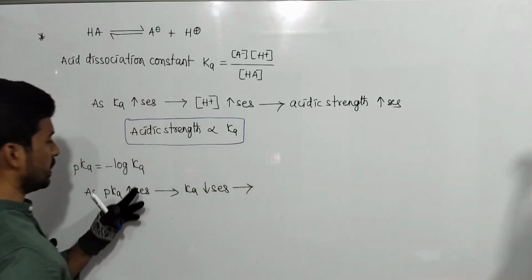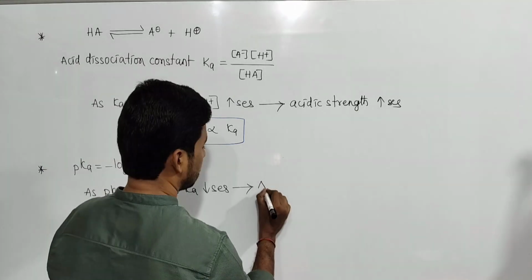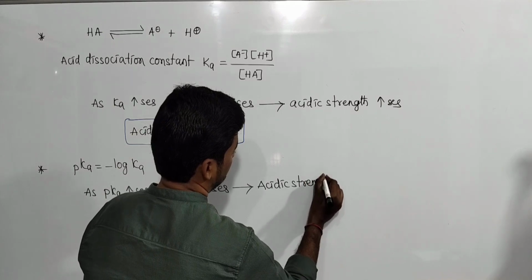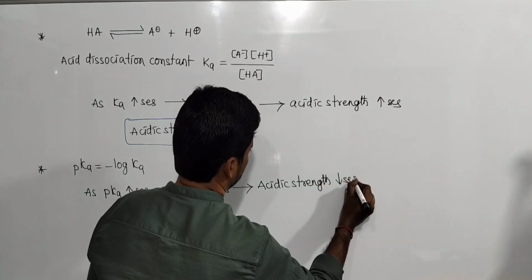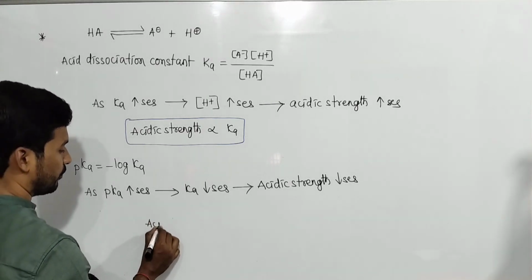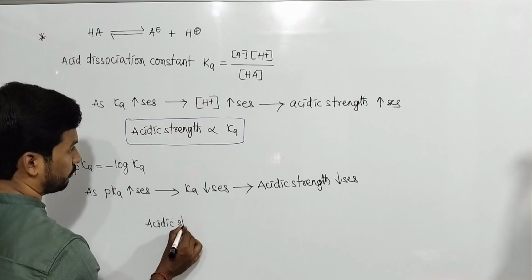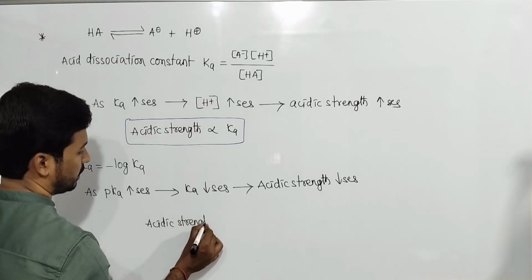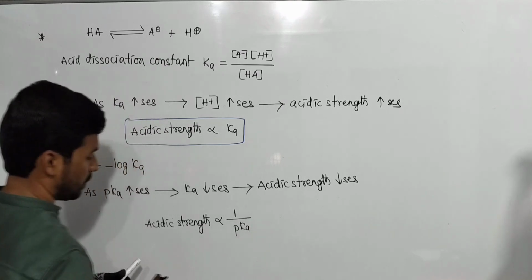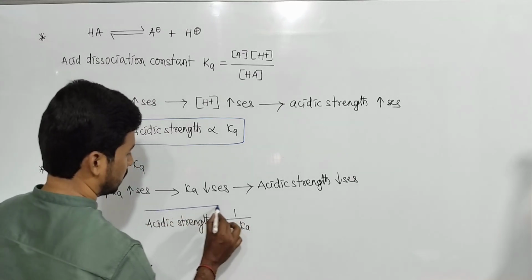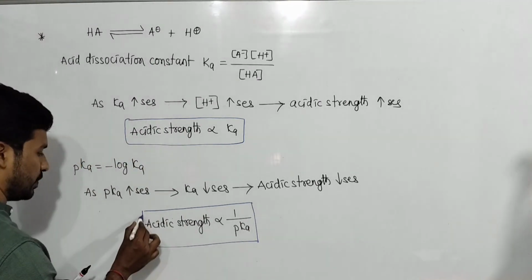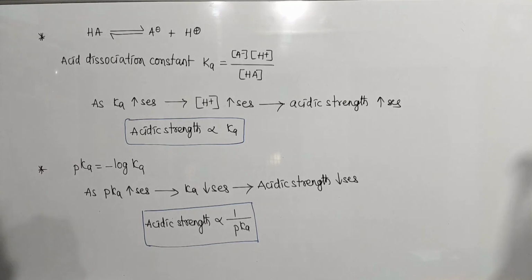As the Ka value decreases, acidic strength decreases. So as pKa increases, acidic strength decreases. Therefore, acidic strength or acidity is inversely proportional to the pKa value. Acidic strength is directly proportional to the Ka value and inversely proportional to the pKa value.